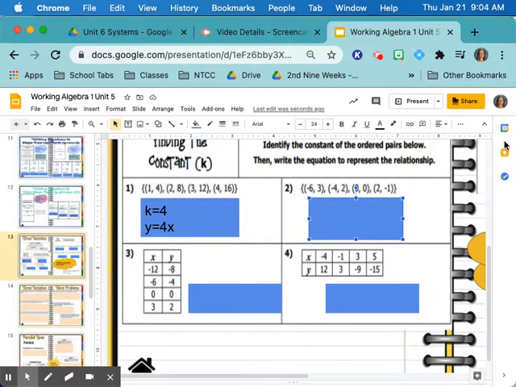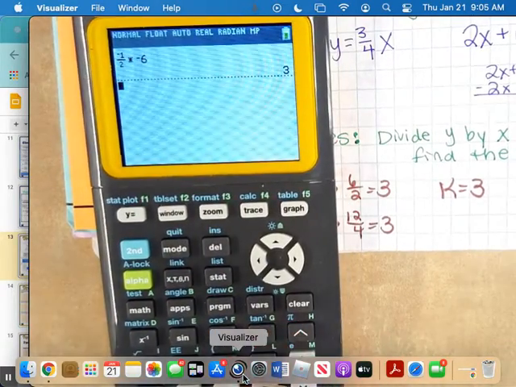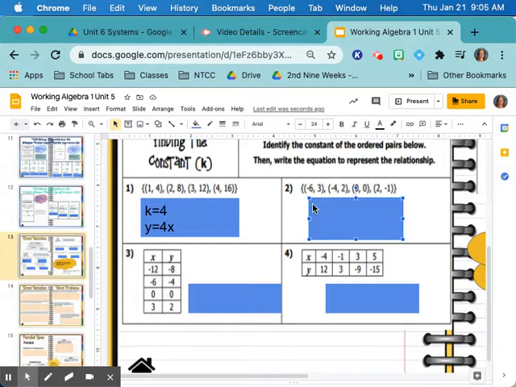I get +3. -4 times -1/2. Negative times negative makes you positive. Half of 4 is 2. So yeah, that works. So k equals -1/2. So then y equals -1/2 x. Put a space there, it'll make it look a little better.